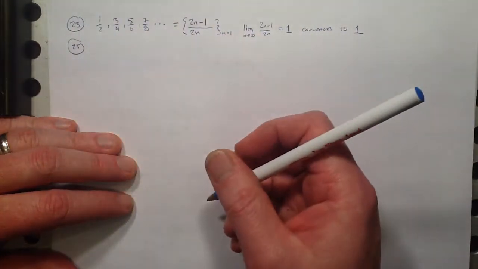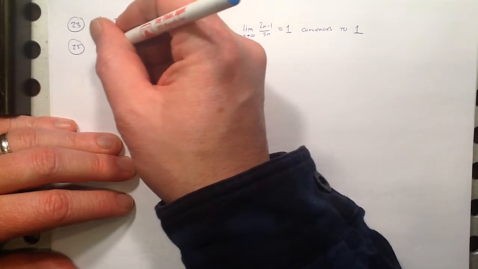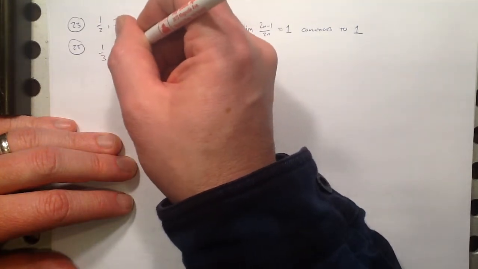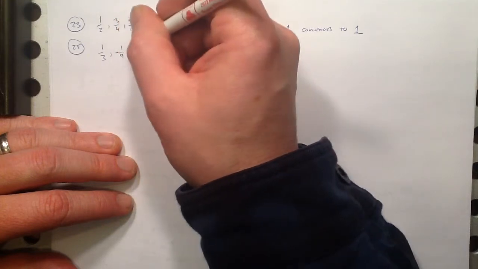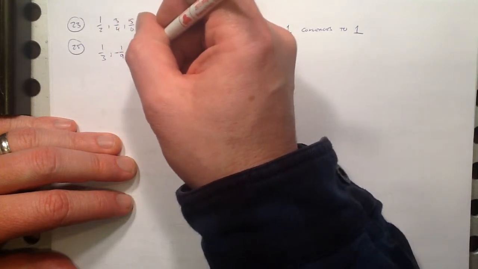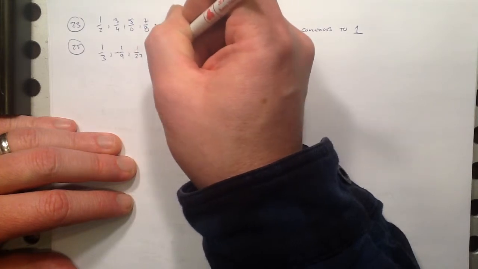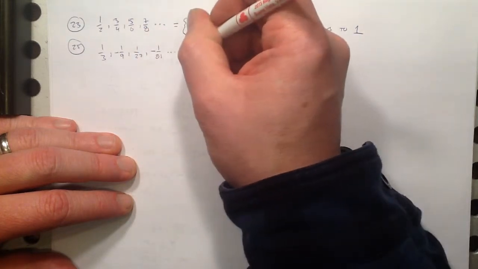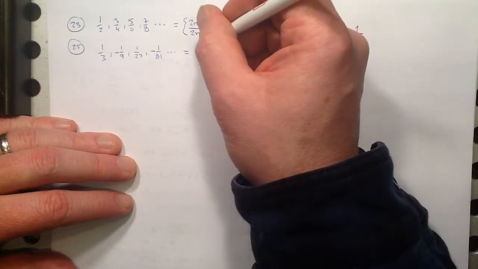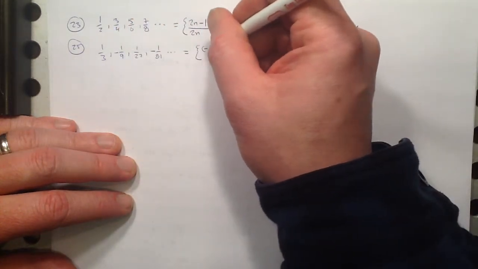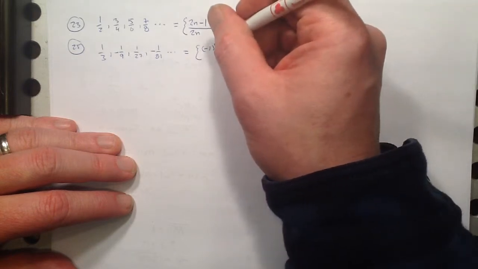Number 25. Now we have 1 over 3 minus 1 over 9 and 1 over 27 minus 1 over 81 and so on. On the top, we just have 1s and the signs are alternating, so I need a sign flipper like that.